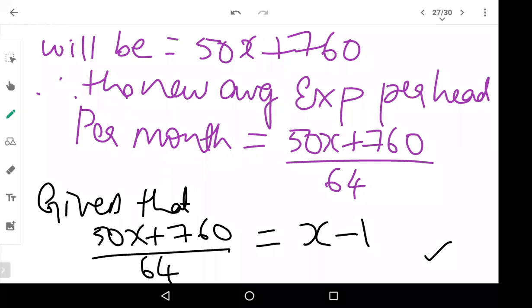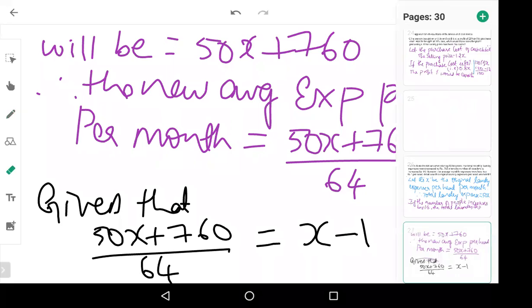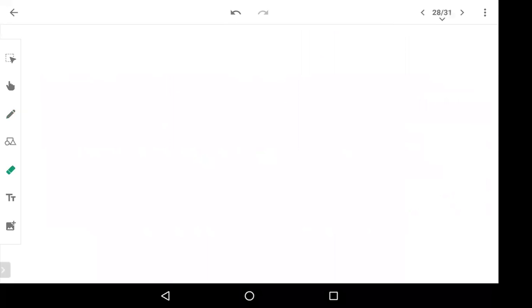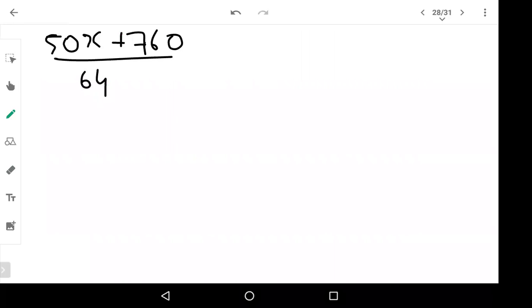Okay. So now let us solve this equation. I'll rewrite it again here. 50X plus 760 divided by 64 is equal to X minus 1. I can take the 64 to the other side.